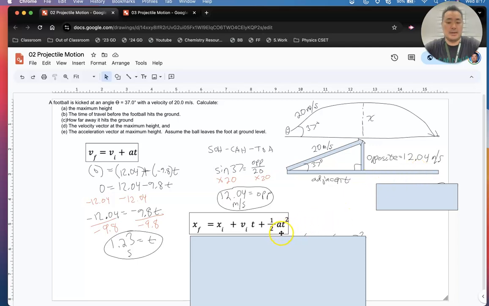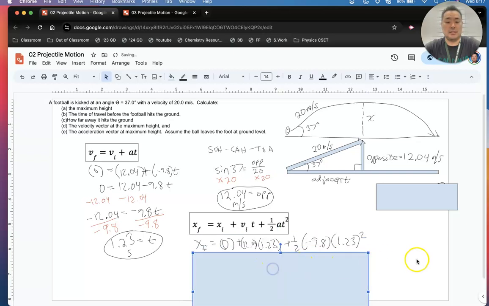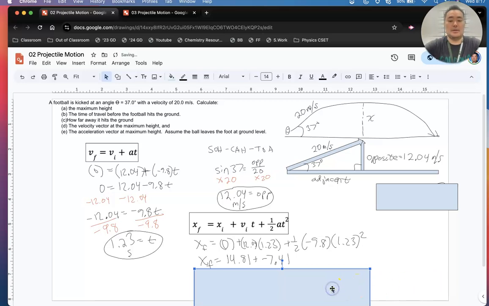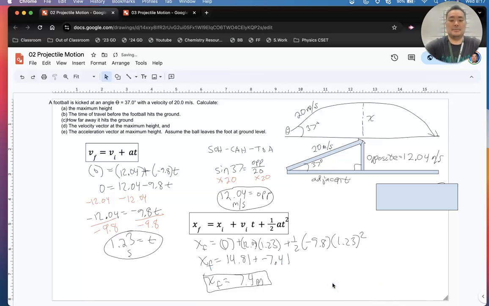And then the time is 1.23, time plus half times gravity times 1.23 squared. So we plug that in, you simplify, and your final answer is 7.4 meters. Sorry, not meters per second. And that's just for the height.